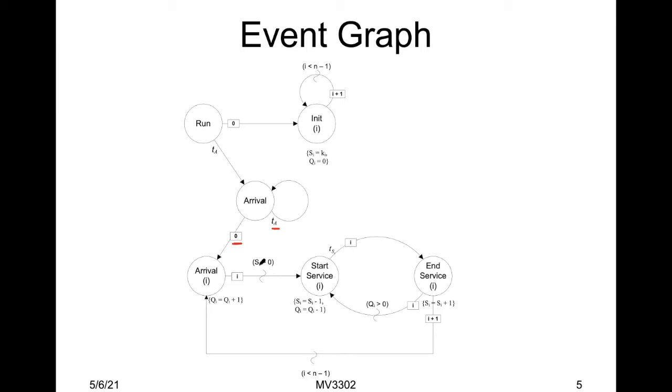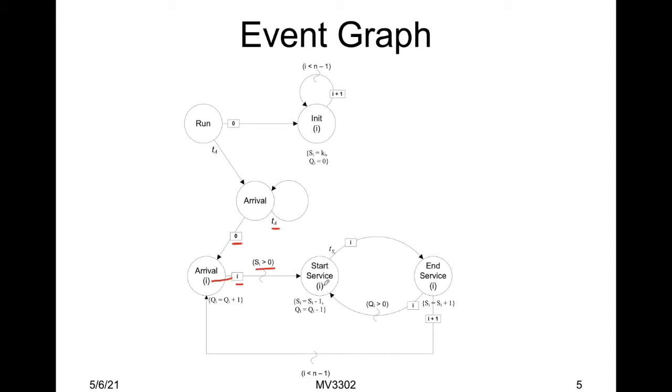Notice the condition, S_I is bigger than 0. So if there's an available server at the very first one, if S0 is bigger than 0, it will schedule a start service, passing it this value I. Where did it get the I from? It got it from the argument.